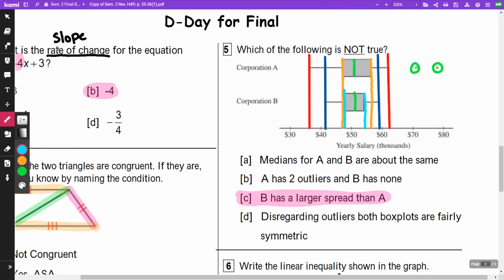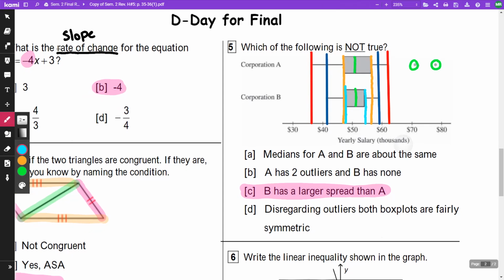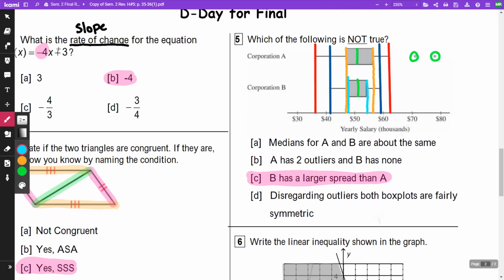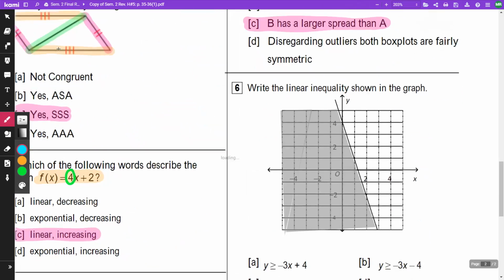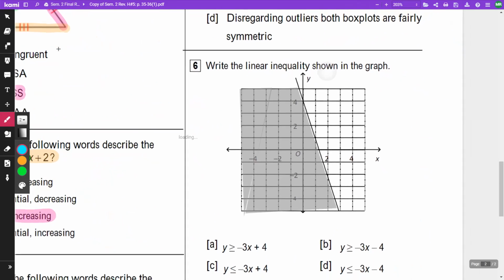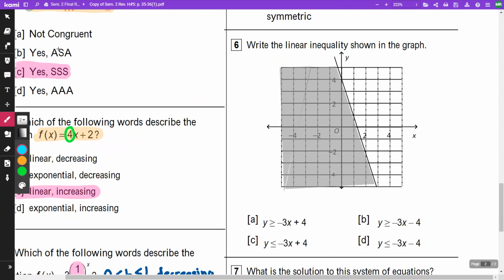Okay, it'd be the box. So in both situations, whether I'm looking at the range or if I'm looking at the IQR, B has a smaller one than A.